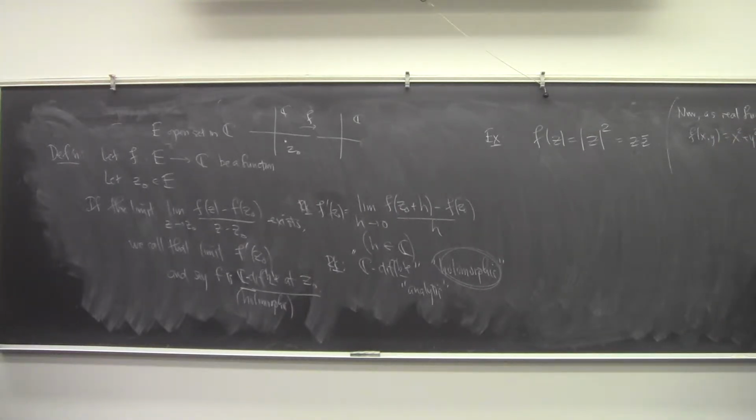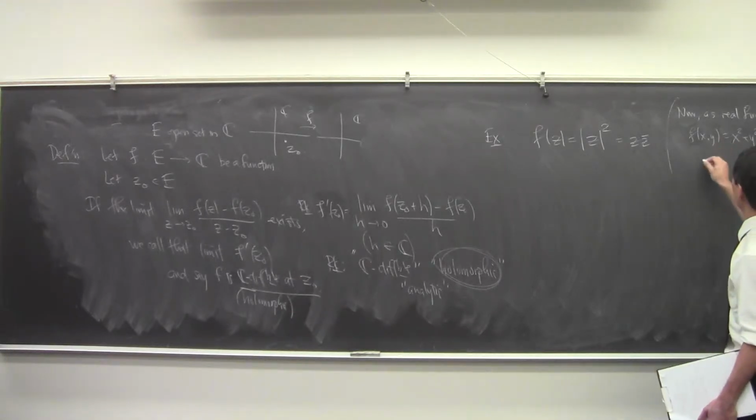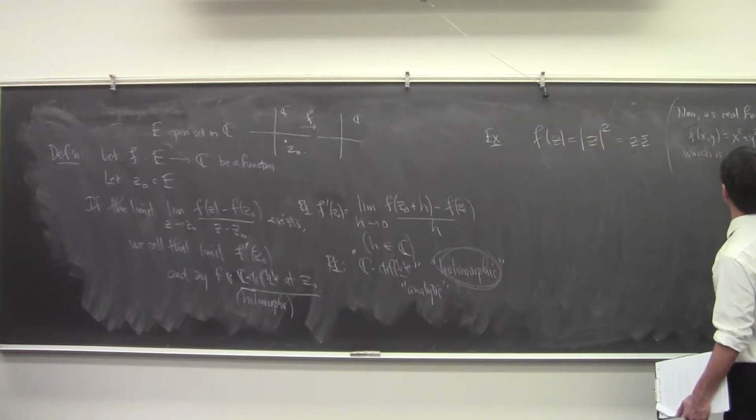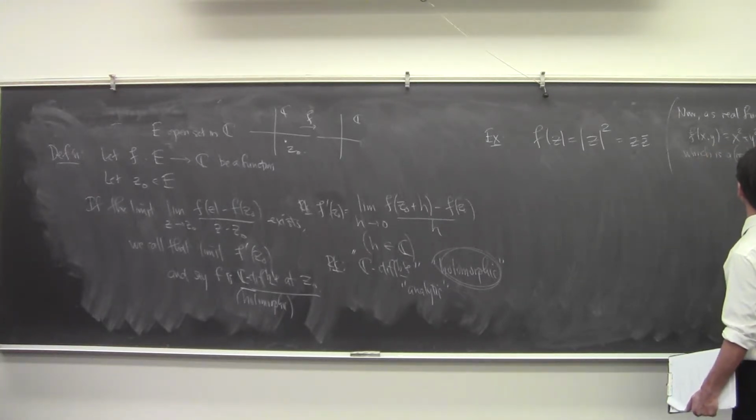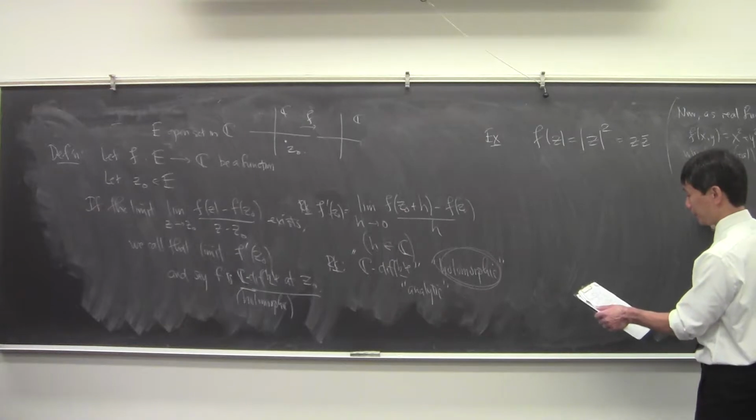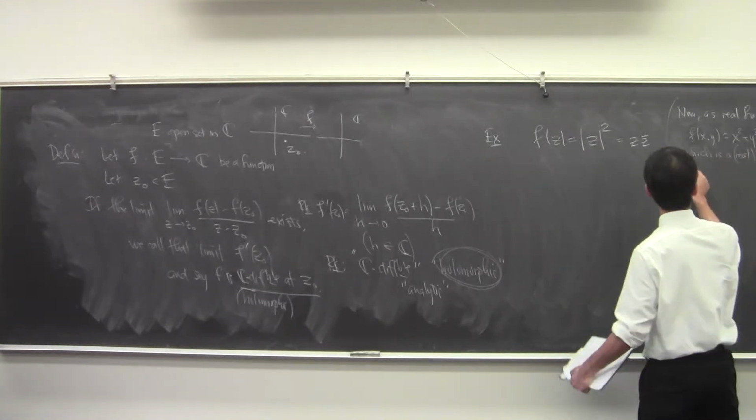Okay. Now this function, if we think about our old definition of differentiability, it is differentiable, right? This guy is a real differentiable function, right? Because it has continuous partials. All partials exist, and they're continuous.